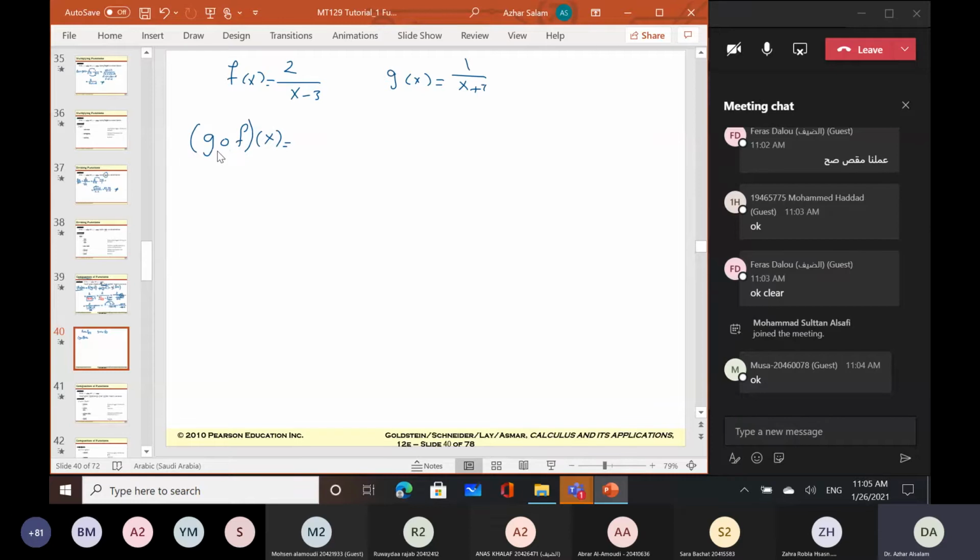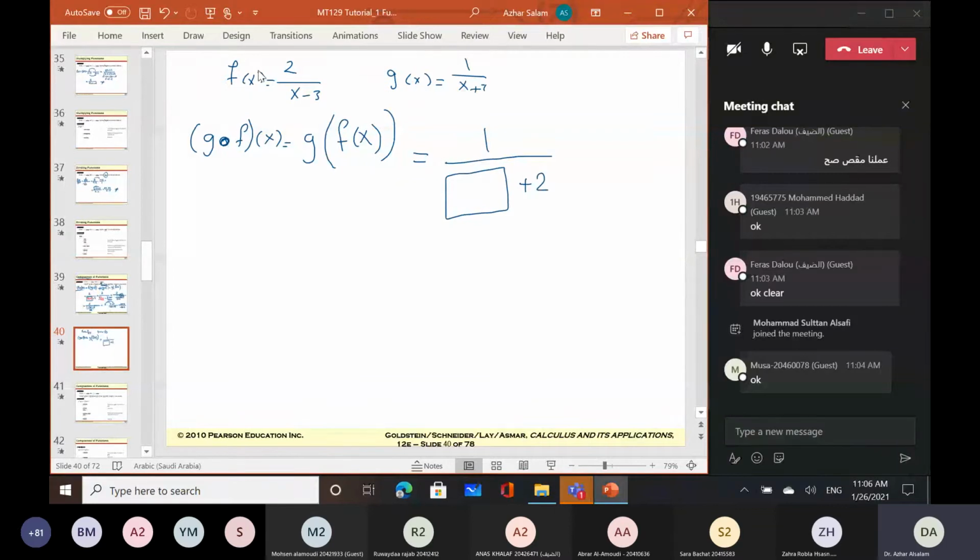Of course, as I said, if I have a composition, I begin with the left function g, then make a big bracket like that and write the second function, which is f, inside g: g of f of x. So I have to take the definition of g first, 1 over, instead of x, I will take the definition of f, plus 2.